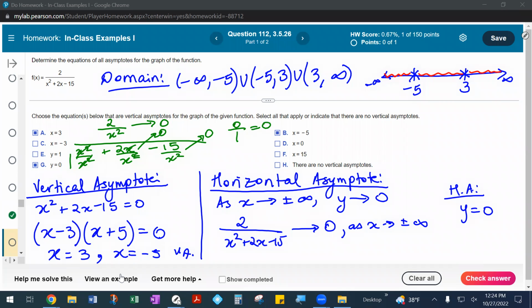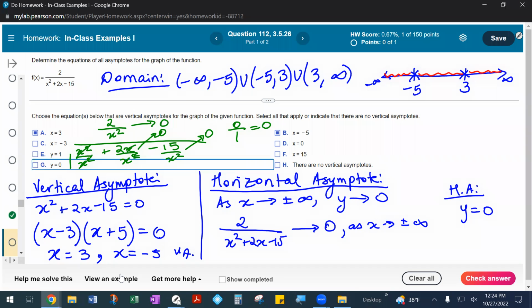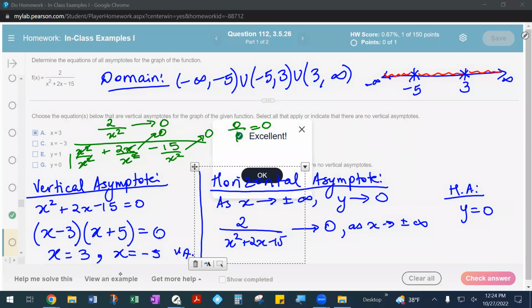It's got to be x minus 3, it's got to be x plus 5. I don't think it wants you to find the vertical or the horizontal. I think it's just asking for all the vertical, so which one do I pick out? That would be 3 and negative 5. Thank you.